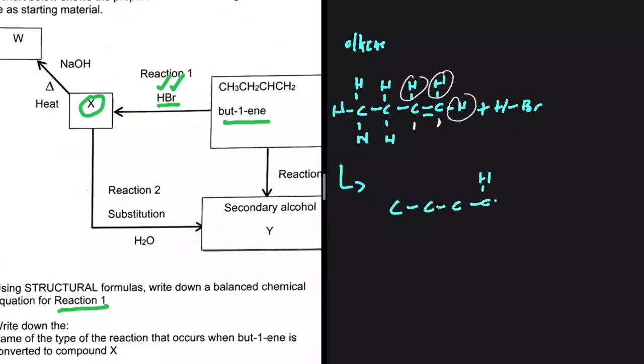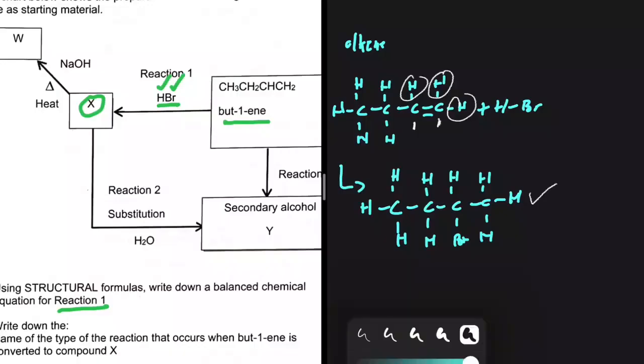Our hydrogen is going to go to the first carbon as it has the highest number of hydrogens compared to the other carbon it can possibly occupy. So from this reaction, this is our major product. Our minor product is when the halogen is on the first carbon.